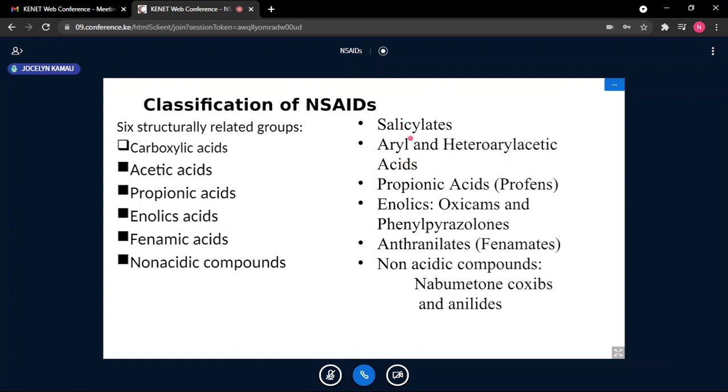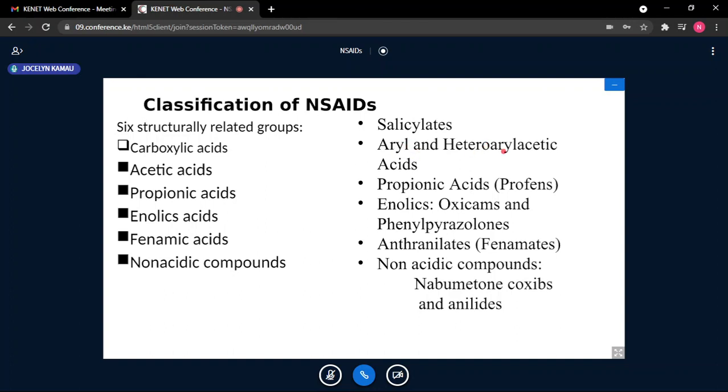When we say aryl, it means the acetic acid is directly attached to an aromatic ring, a phenyl ring. Heteroaryl means that the acetic acid is directly attached to a heterocyclic ring. That's the only difference.